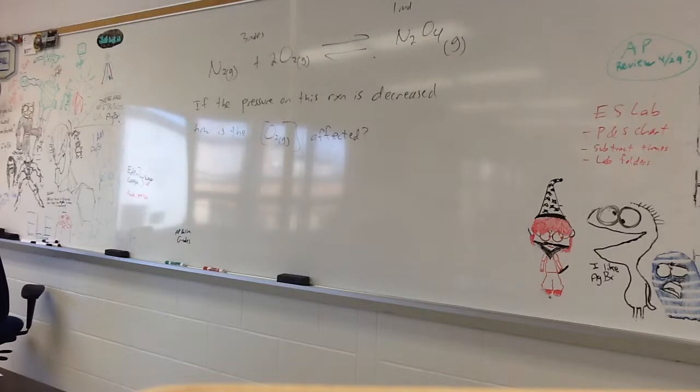So I'm kind of putting 2 questions in one here. The first thing you have to do is figure out which way it shifts, and then you have to think about how that affects the O2.